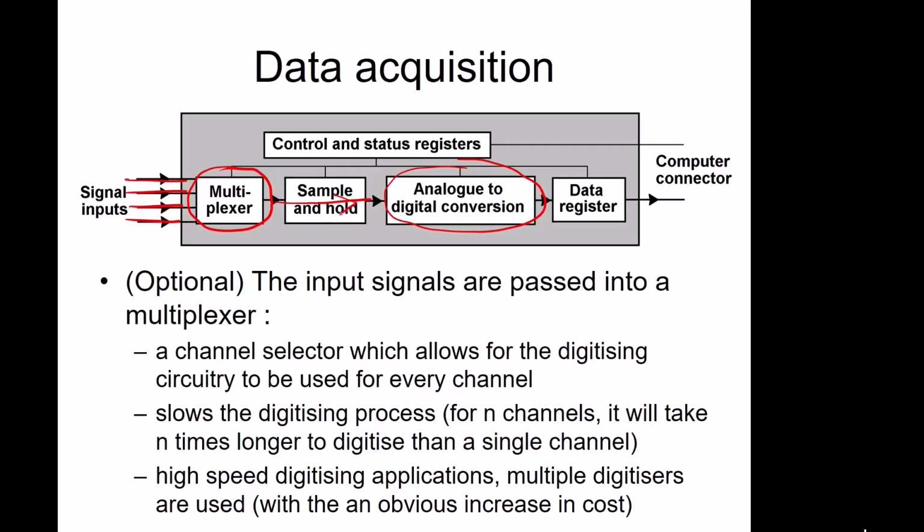This has the advantage that if you want to digitize several signals, you only need one digitizer to do this. The downside is that because the digitizer can only digitize one signal at a time, this is quite a slow process if you have a lot of signals to digitize.